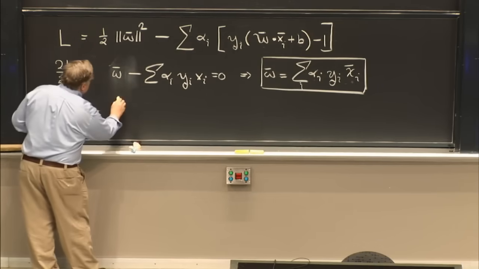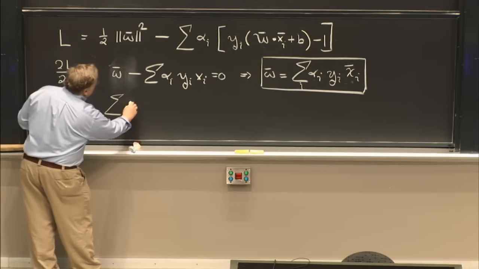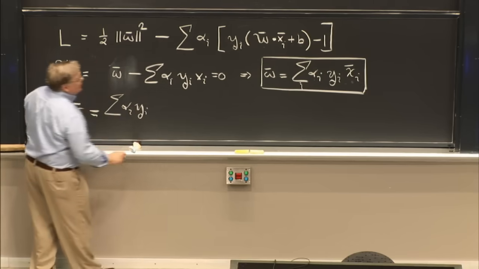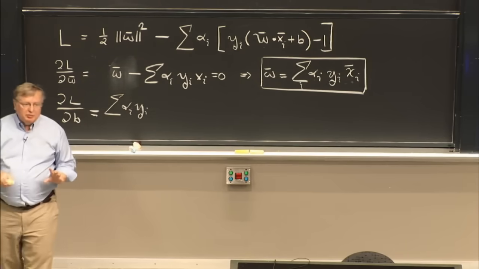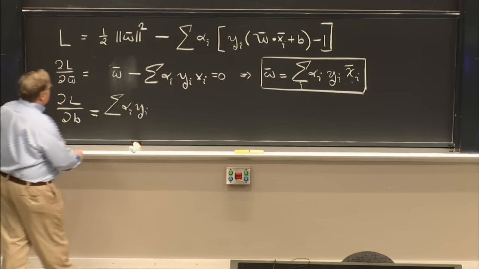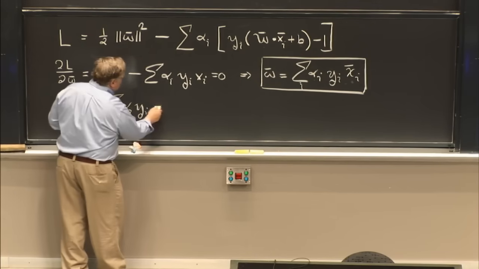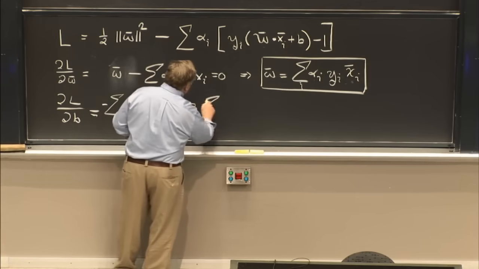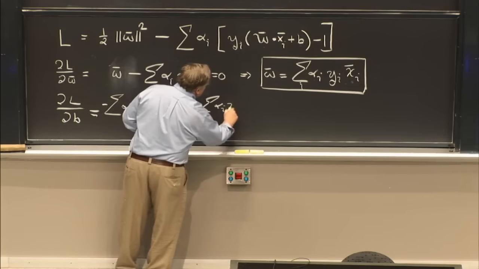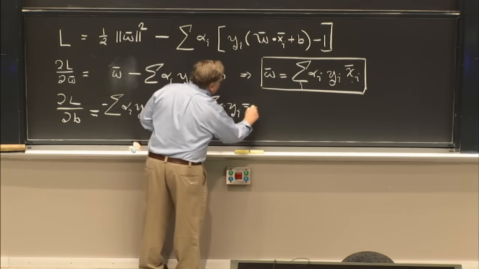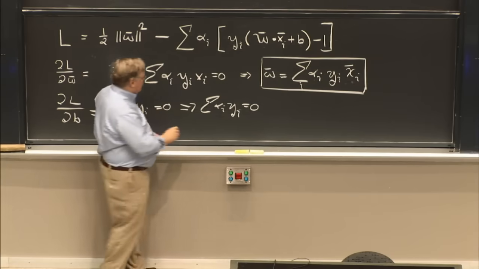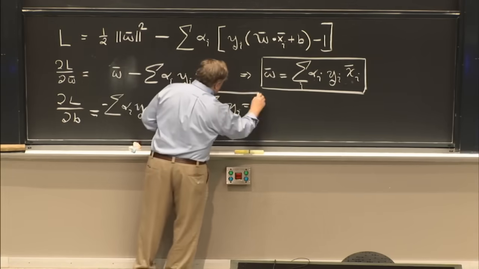So that's going to be the sum of alpha I times Y sub I. And then we're differentiating with respect to B, so that disappears. There's a minus sign here, and that's equal to 0. That implies that the sum of the alpha I times Y sub I is equal to 0. That looks like that might be helpful somewhere.